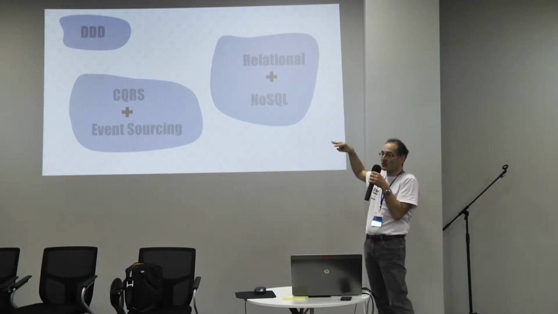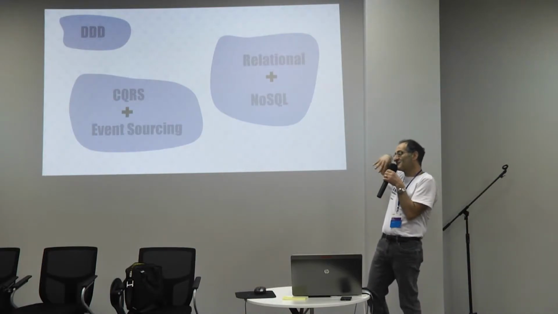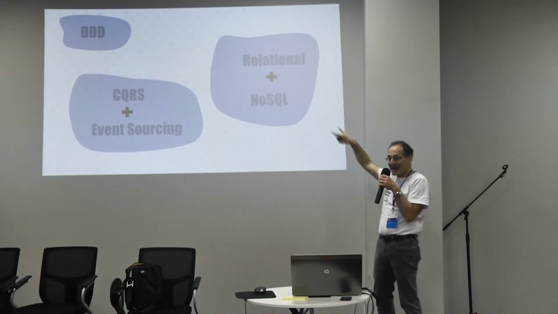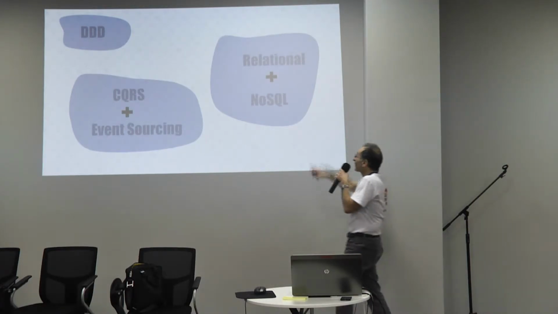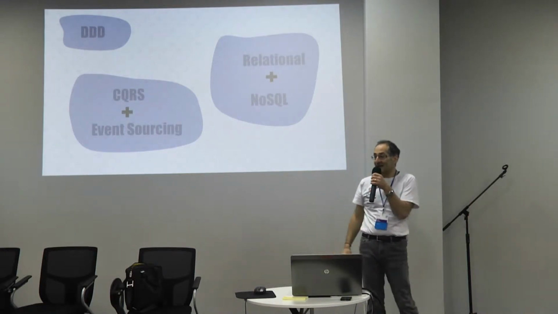So CQRS goes with event sourcing, but goes with is not necessarily it has to go with, it must go with. It means more it can go with. So CQRS and event sourcing can go together in much the same way in which relational and NoSQL data stores can go together.